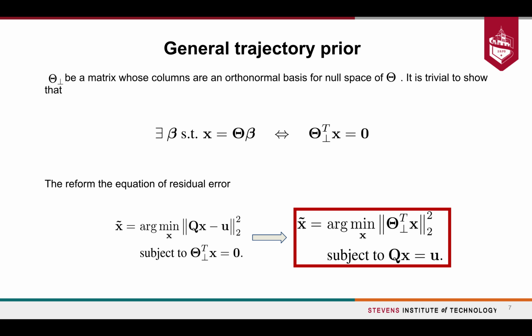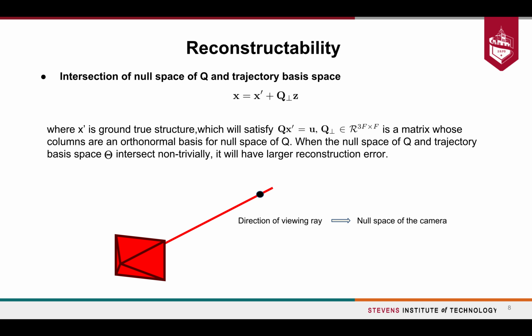Based on that, they analyze the reconstructability. Here x prime is the ground truth, which is assumed to satisfy the projection system.